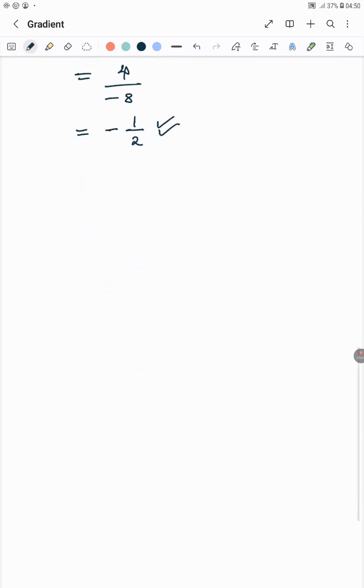So the importance of gradient is you need it when you want to find the equation of a straight line.